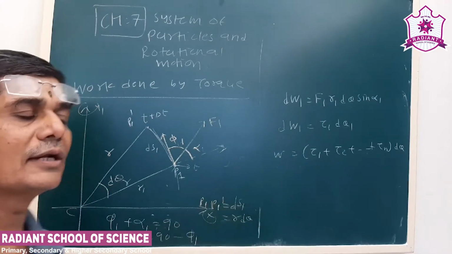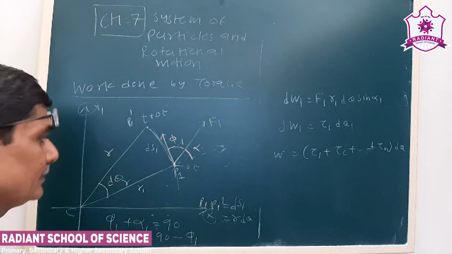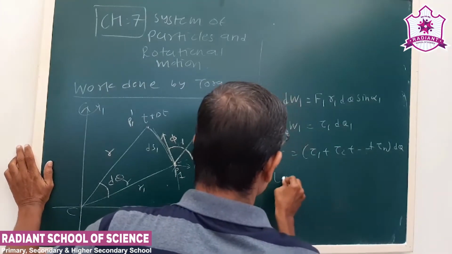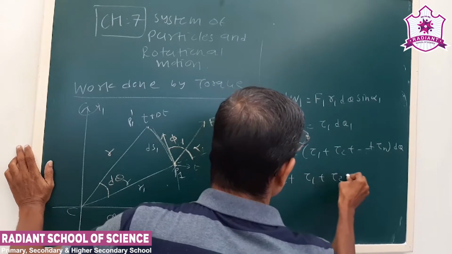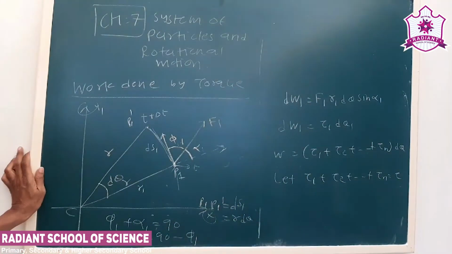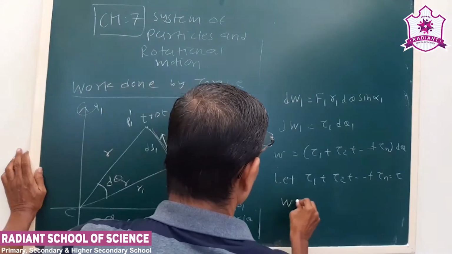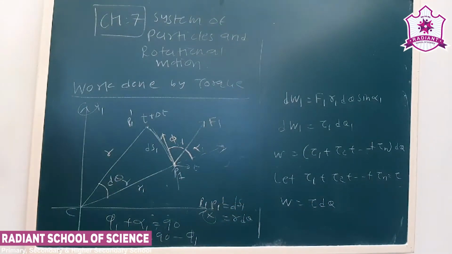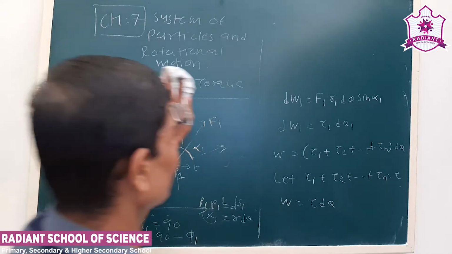This will be the generalized formula. Torque is a vector quantity, so let tau 1 plus tau 2 be the resultant torque, then W is equal to torque into d theta. This is how we obtain the equation of work done due to torque. This can be asked in a 2-mark question.